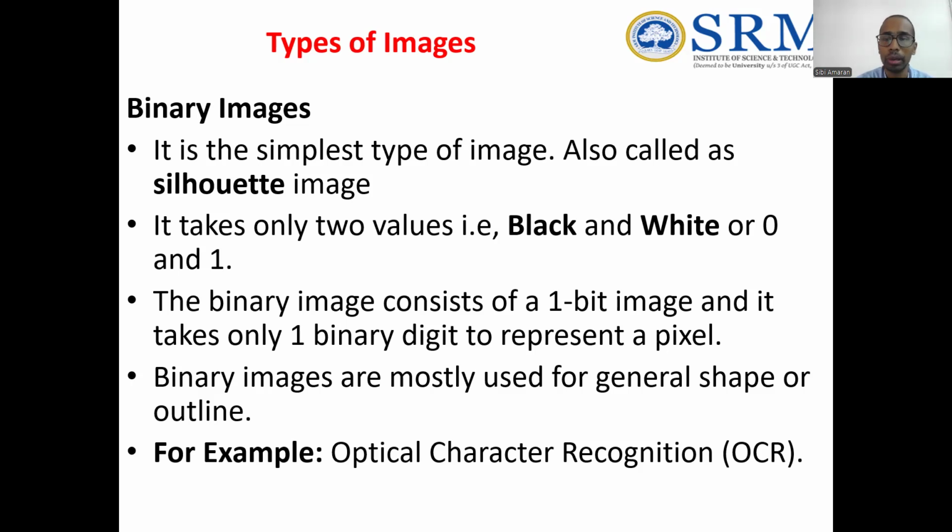For example, what is OCR? Everyone knows what OCR is. If I take a PDF and search for something, I have to get the word which I'm searching for. That is OCR. If I'm not using OCR and I have 50 pages of PDF, it will be very difficult to identify my schedule. For that only, I'm going to use OCR.